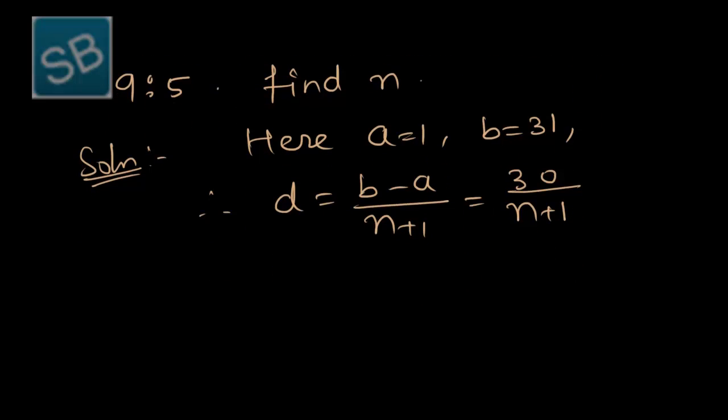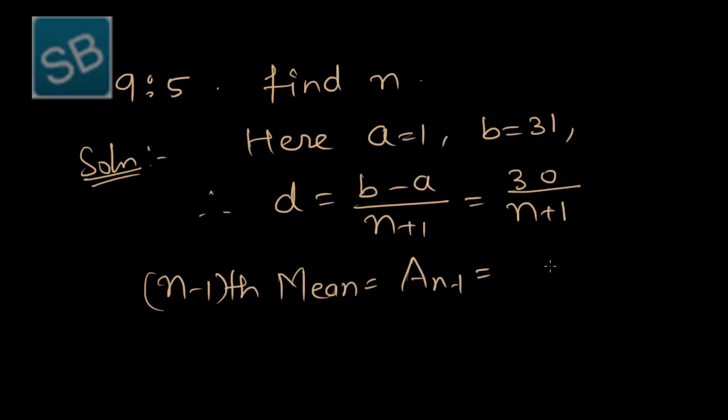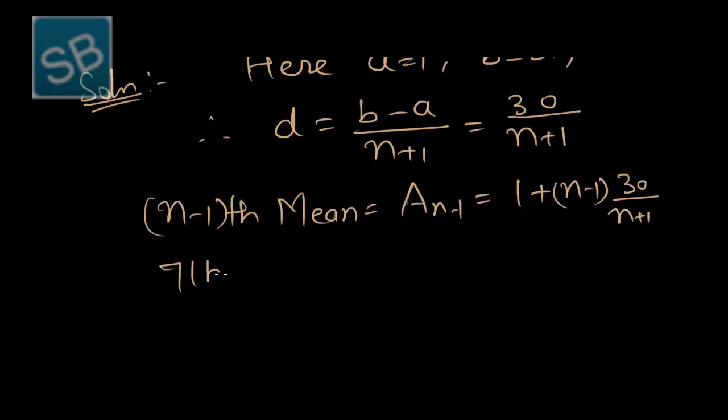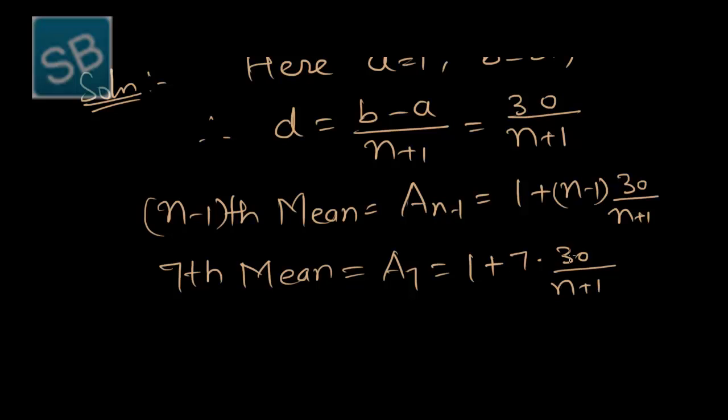Now we are talking about the n minus 1th mean, that is A of n minus 1, that is a plus n minus 1 times d. And we are talking about the 7th mean, that is A7, that is 1 plus 7 times 30 over n plus 1.